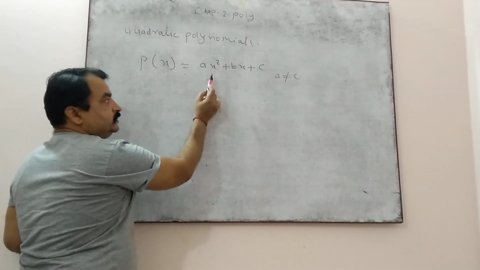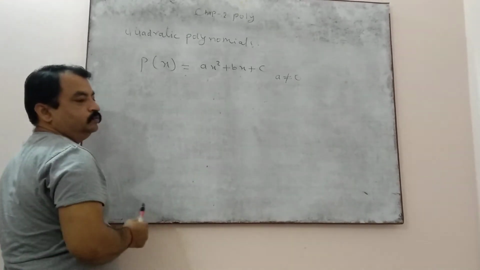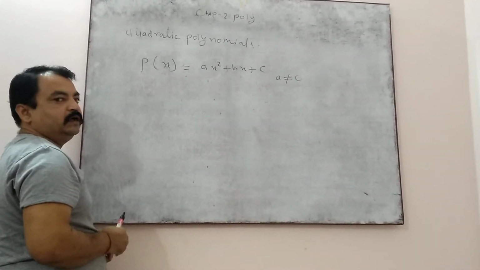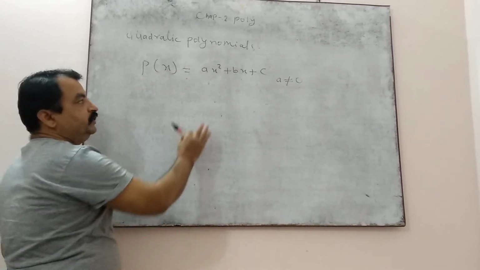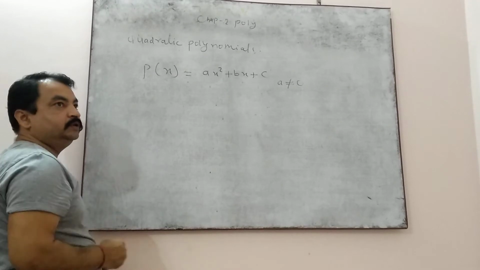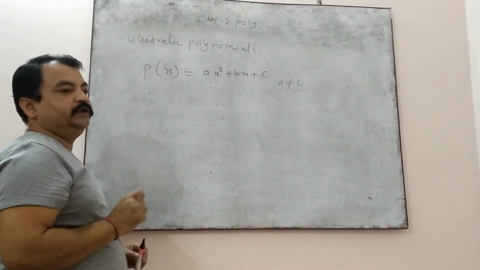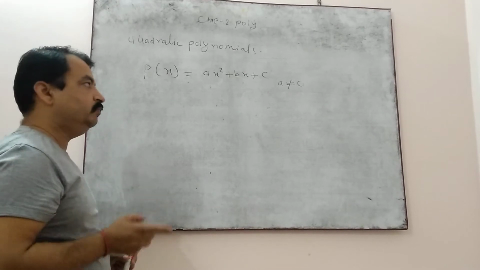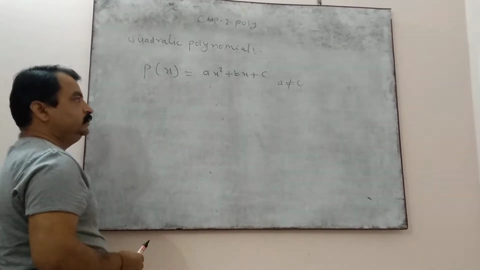Now see, since the degree of the polynomial is 2, how many zeros, or we can say how many solutions, will we get for the quadratic polynomial? Of course, 2 solutions. If it is linear, we get 1 solution. Quadratic 2, cubic 3, biquadratic 4, right?